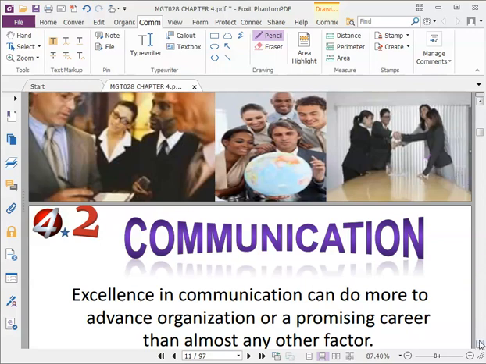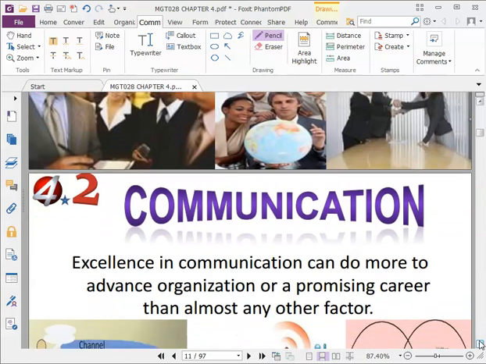That is important, that we must have communication with each other. Kita tak boleh diam saja. Excellent communication can do more to advance the organization or promising career than almost any other factor. So, communication sangat penting dekat mana-mana, especially kalau kita bekerja dalam organisasi.